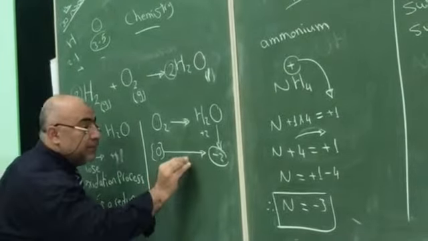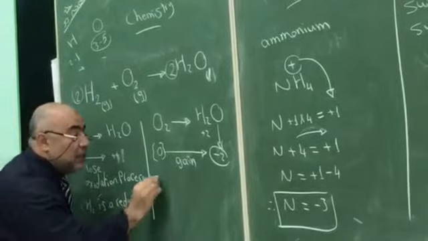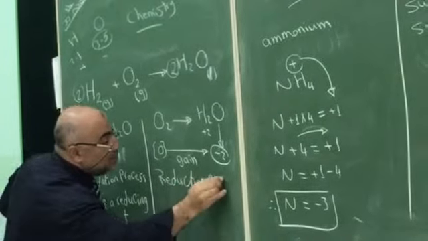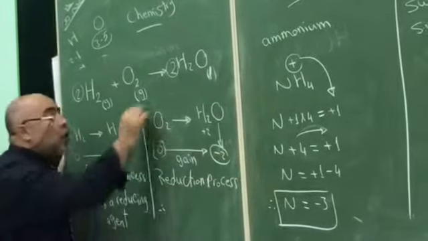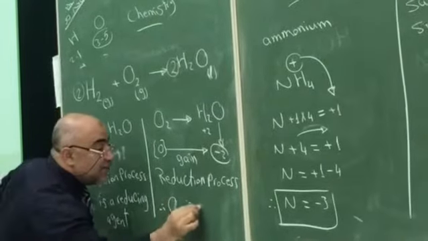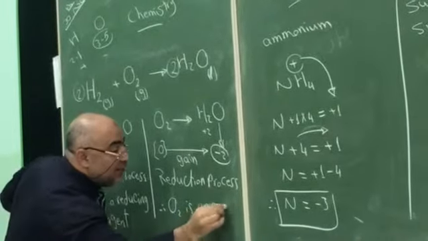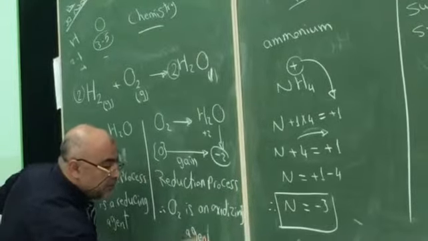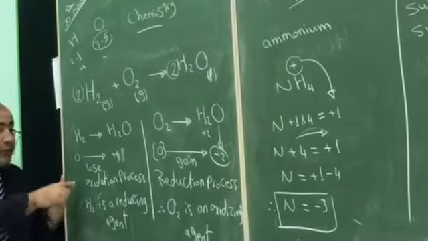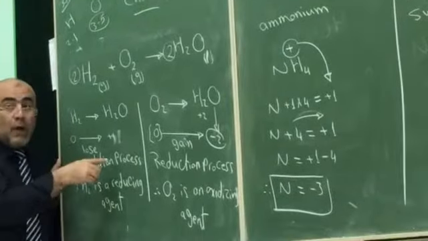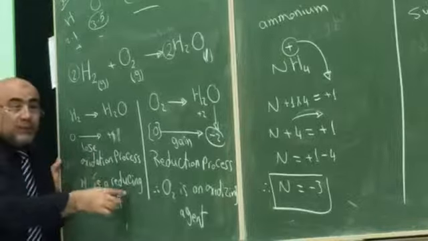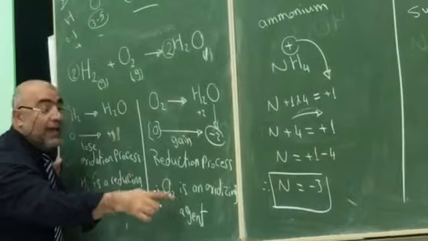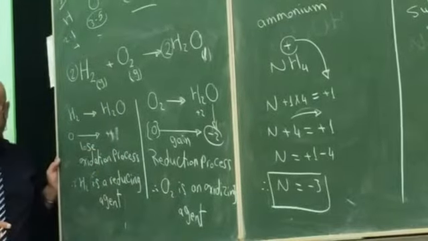Gain means reduction process. Therefore, oxygen O2 is an oxidizing agent. Don't forget this: oxidation process on a reducing agent, reduction process upon an oxidizing agent. Okay?